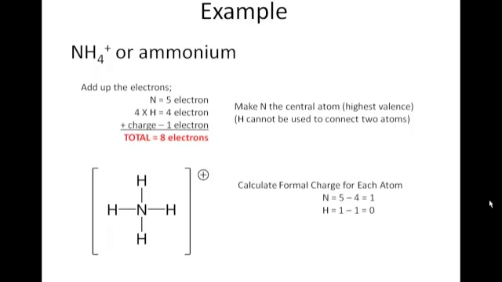For my hydrogens, I have 1 electron in the valence shell in the neutral free atom. I have 1 electron that I assign to each hydrogen atom, because each hydrogen atom has only 1 bond. That's 2 electrons, but I only assign half of those electrons to the hydrogen. So overall, if I add up my charges, I have 1 plus 0 for an overall charge of 1.